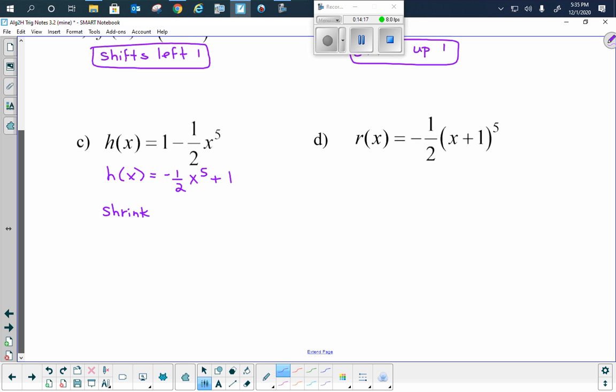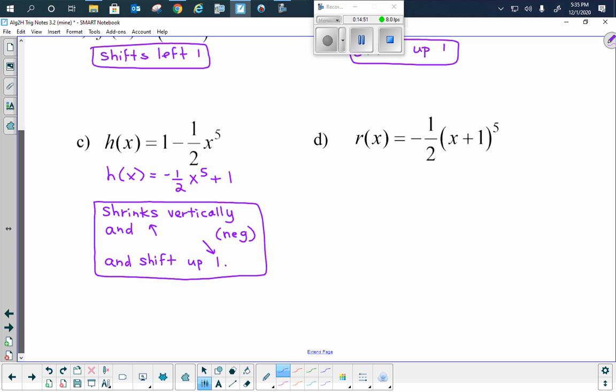So I'm going to say shrinks vertically. And the negative is going to make my arrows turn this direction, if you will. That's because of the negative in front of the half. And what's the 1 going to do? It's going to shift up 1. Okay, all of that would be a good description of what's happening.